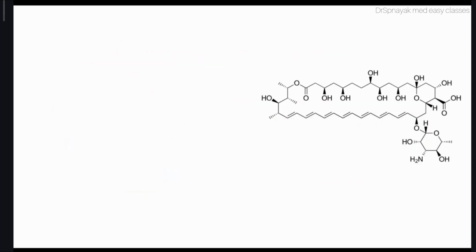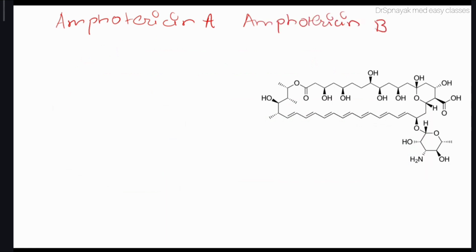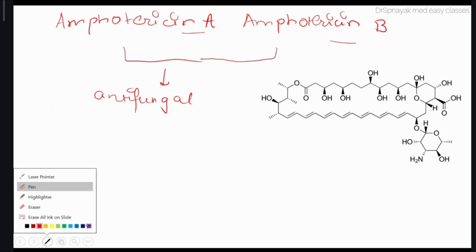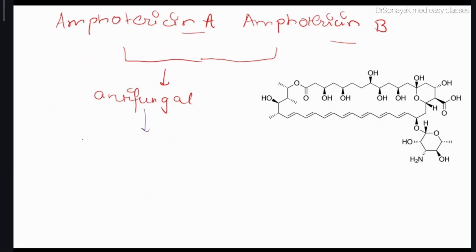So, how was amphotericin B derived? There are two forms: amphotericin A and amphotericin B. Both have an antifungal effect, and both are derived from the microorganism known as Streptomyces nodosus.